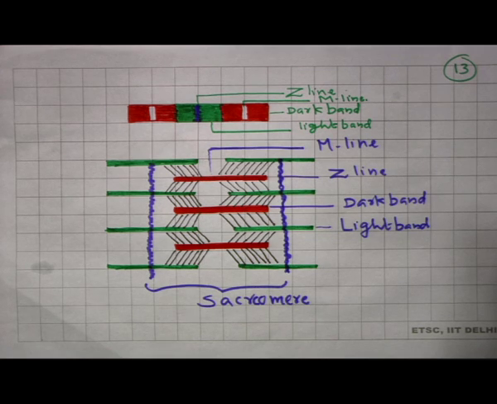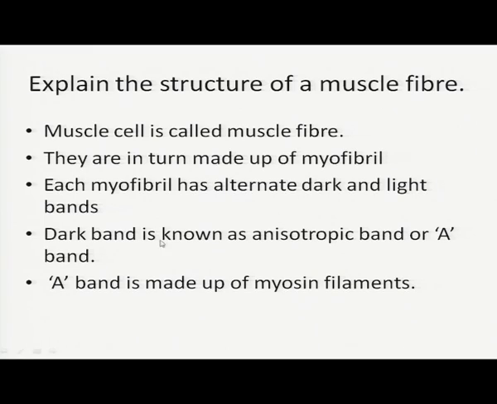And these dark and light bands, we are calling them striations or strips. Now, the dark band is known as A band, or anisotropic band.